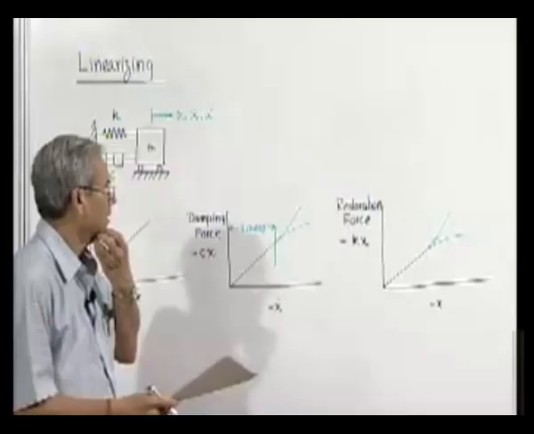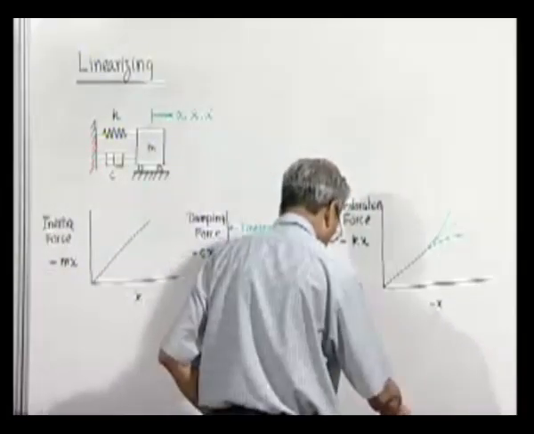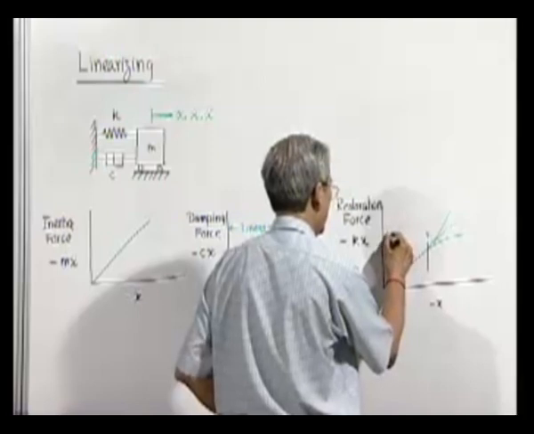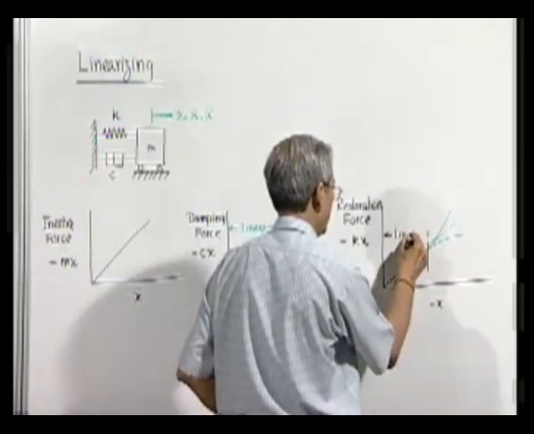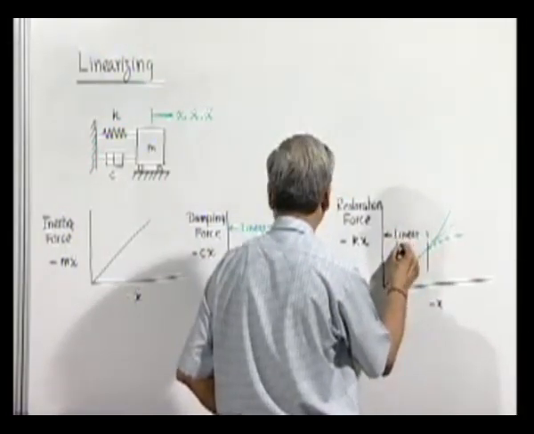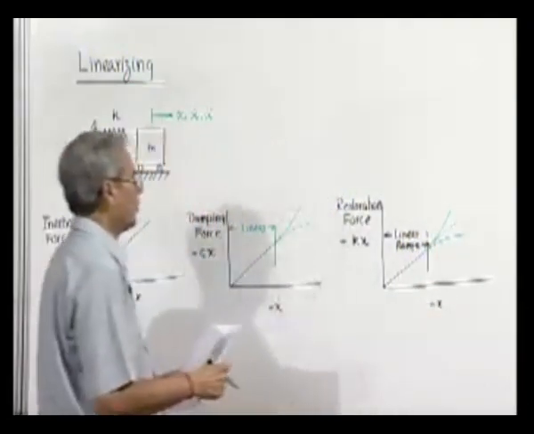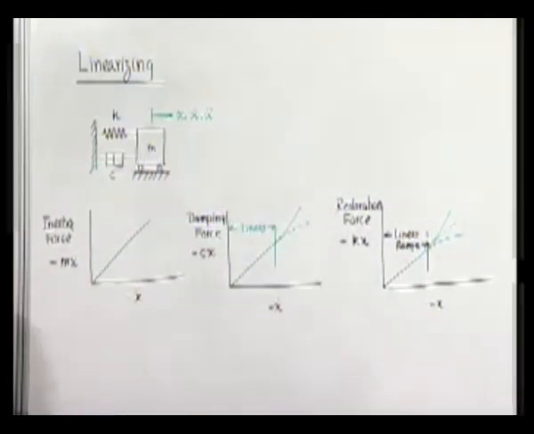So therefore, the linear relationship between the force and this stretch holds only up to a certain point. So therefore, in reality, strictly speaking, none of these are linear functions.